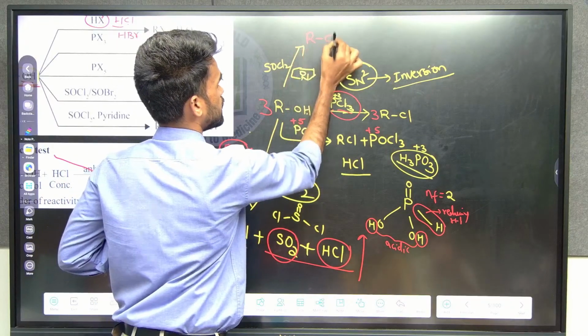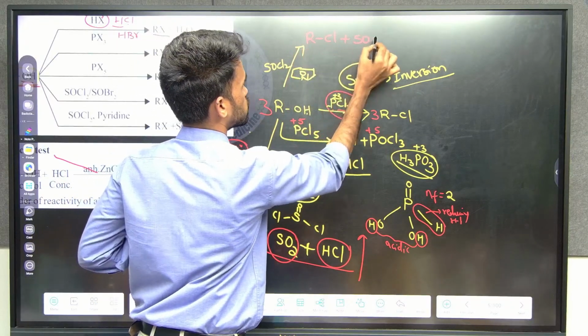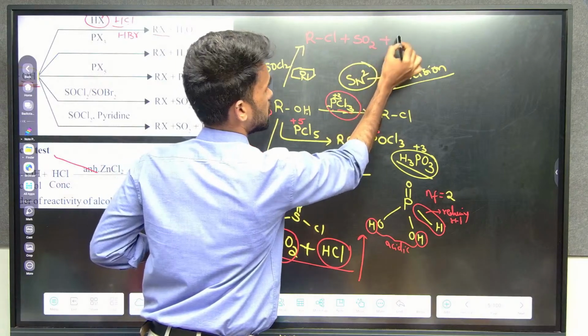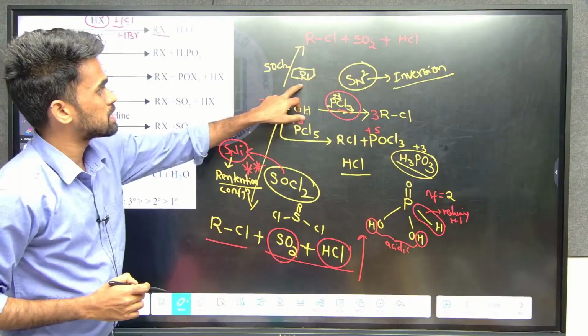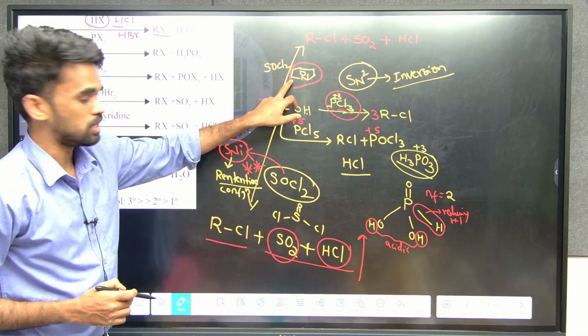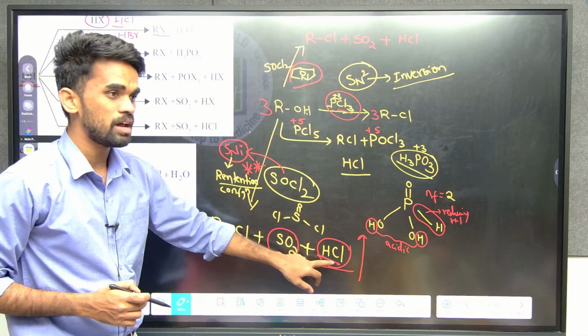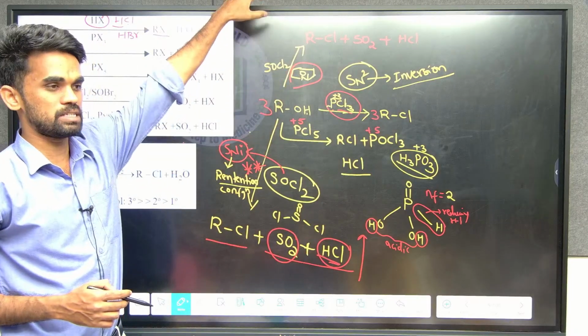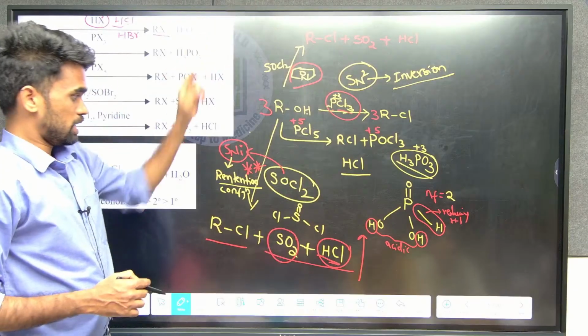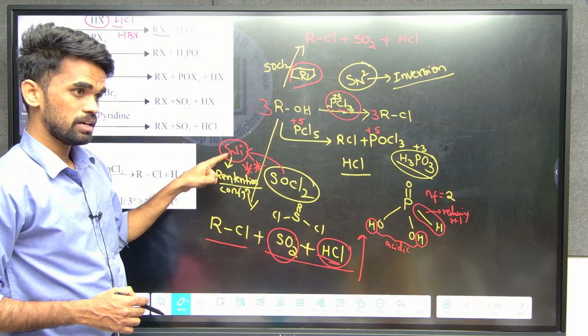Byproducts, SO2 plus HCl, will come out. But what am I using here? A base is used. Without the base, we got our acid as a product. When I use this, it follows the SN2 mechanism. Here it was following SNi.